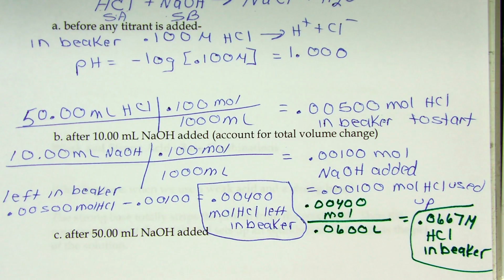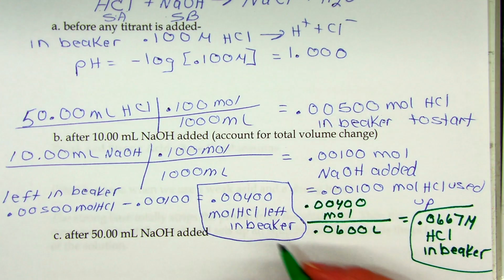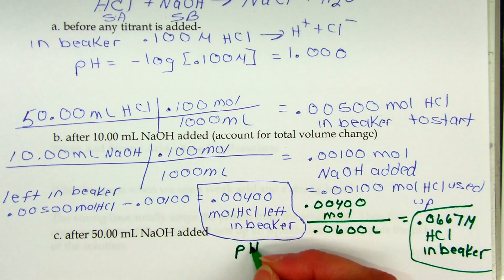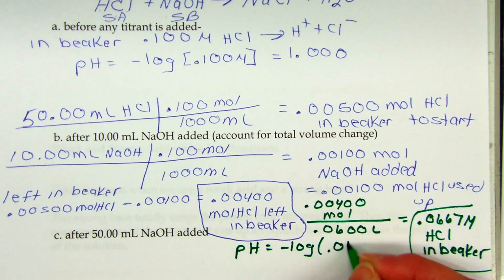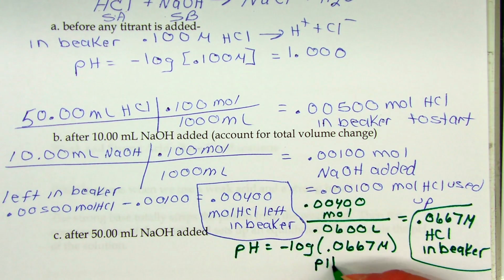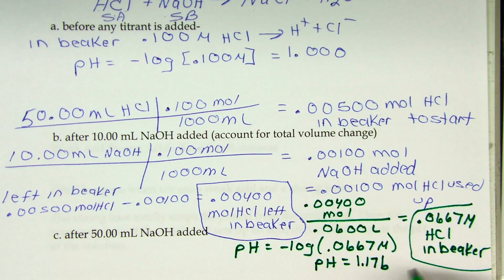That's Chem 111, Chapter 4, Solution Chemistry, right? And math. Now, the pH at this point in time is equal to the negative log of 0.0667 molar. So the pH at this point in time in my beaker is 1.176.